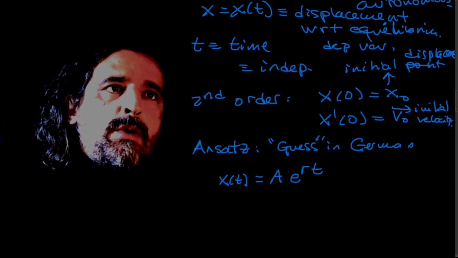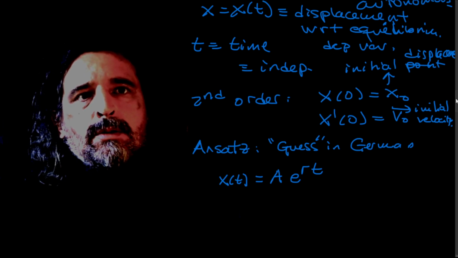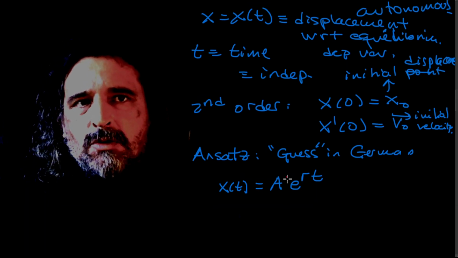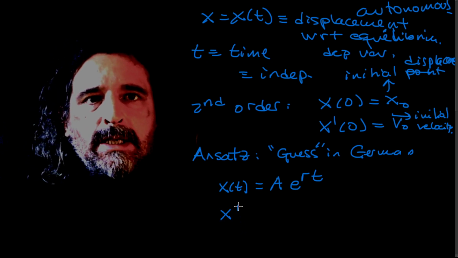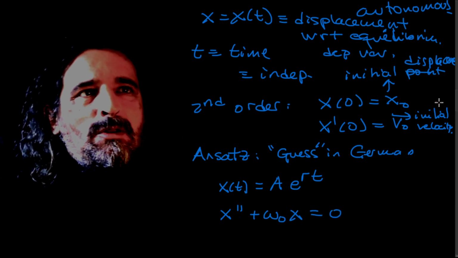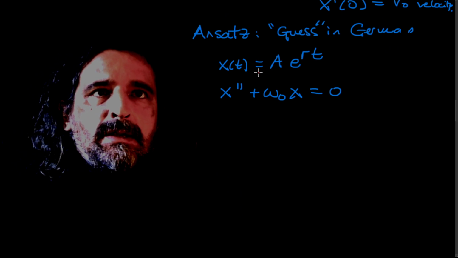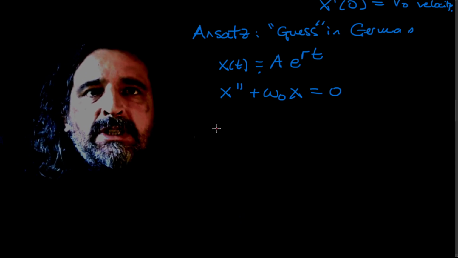And our equation is this equation, the harmonic oscillator equation. So let's plug this x of t into the equation and see what happens. I have to compute x prime of t.